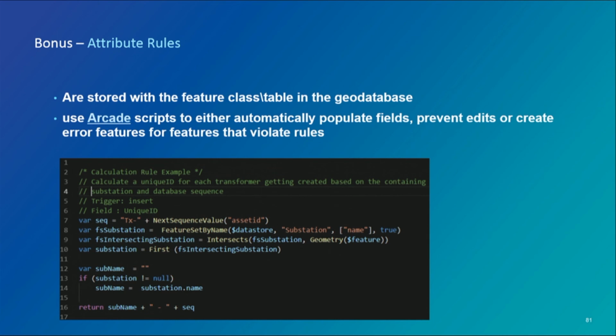At the bottom, I just give an example that calls a database sequence and generates a user-defined unique key, a string ID pattern, and assigns that based on the intersection of some other features in that database. Okay? Arcade's a very powerful language. It continues to grow. We add things each release as Arcade supports more. So keep an eye out for this.